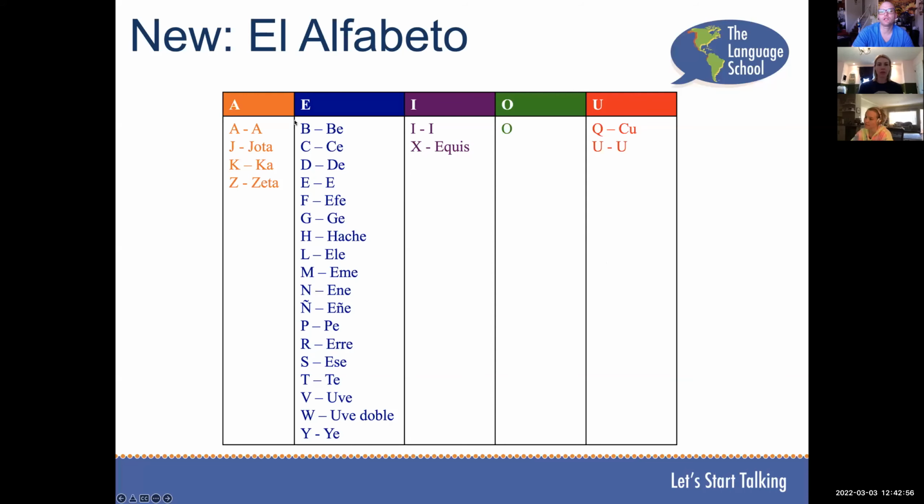All right. First and foremost, just to review a little bit your vowel sounds, because these five letters are consistent in the Spanish language. They don't change.